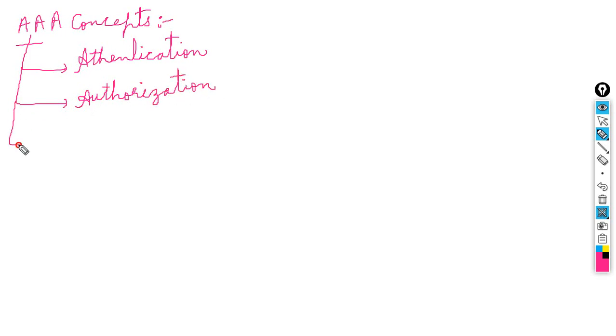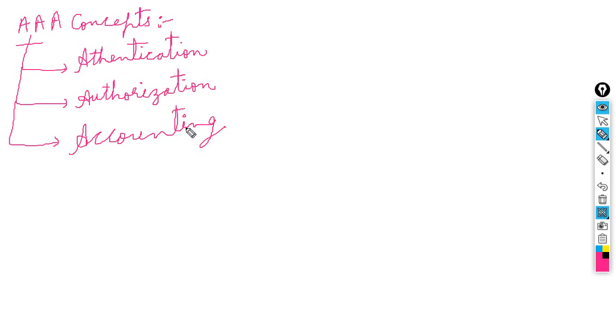So we are going to discuss what is authentication, what is authorization and accounting. So see here, AAA is nothing but authentication, authorization, accounting.